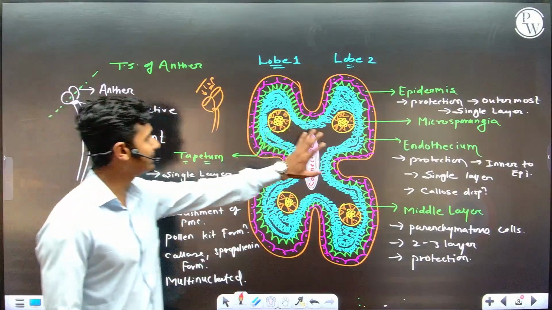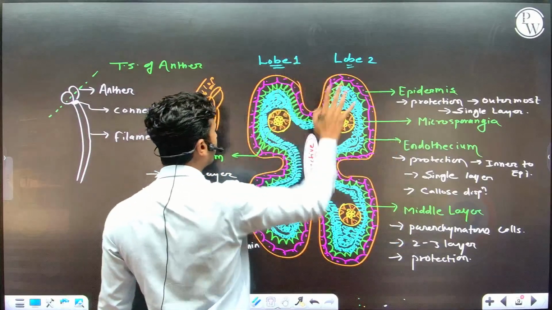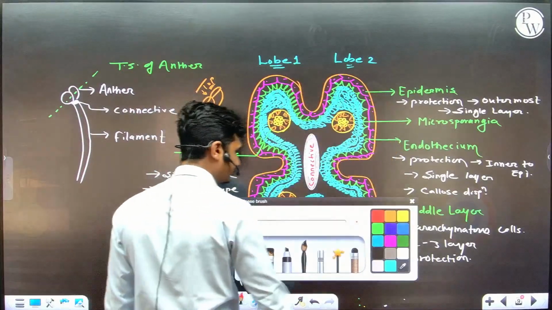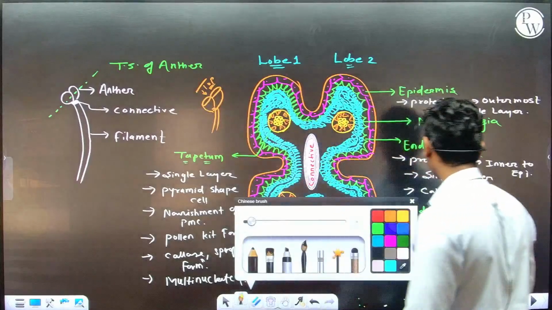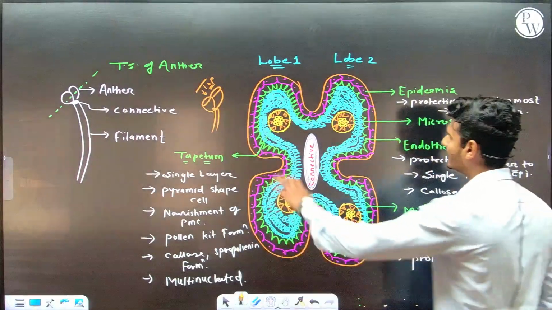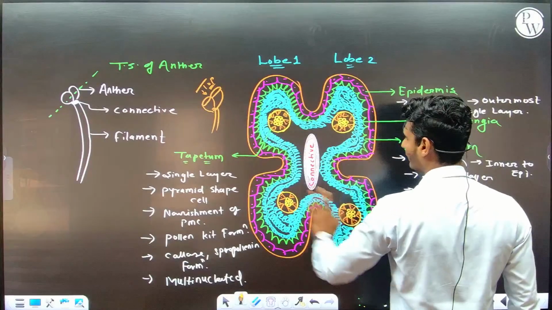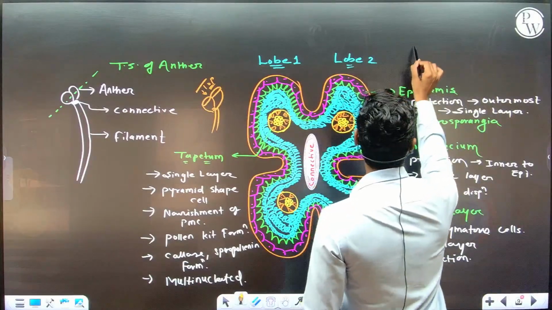This is exactly the structure of anther. How many lobes? 2 lobes. How many chambers? I am asking. If you observe this diagram, you can easily tell me 1, 2, 3, 4 chambers, sir. So 2 lobes, 4 chambers.